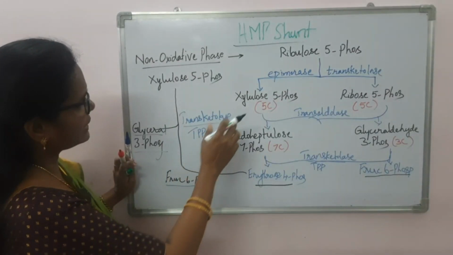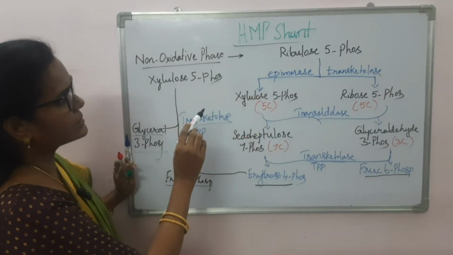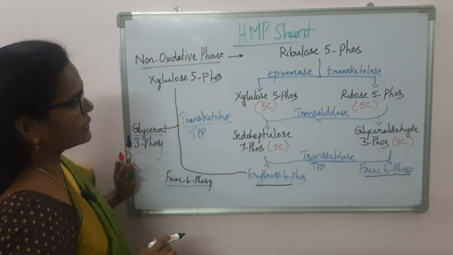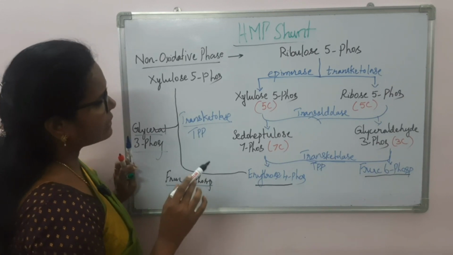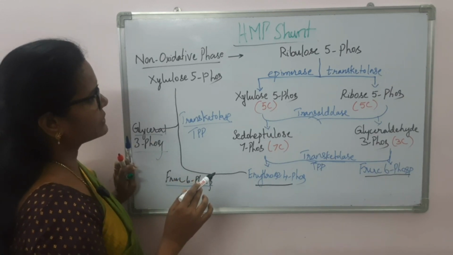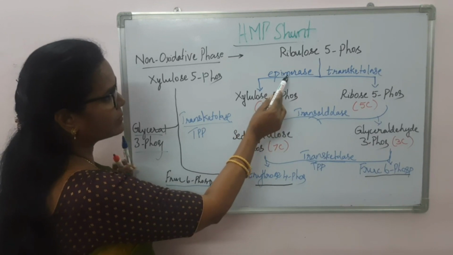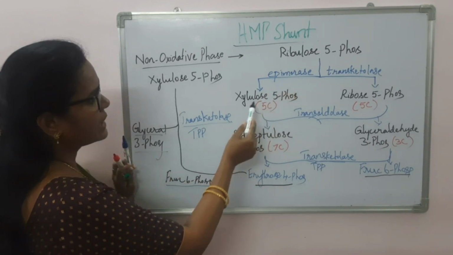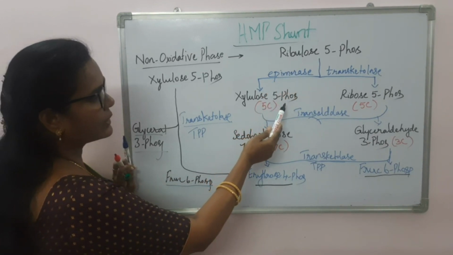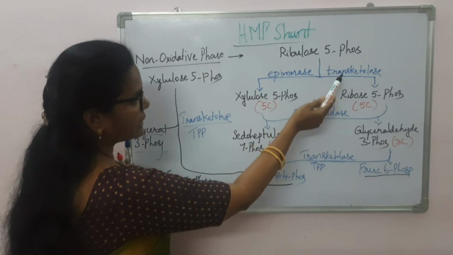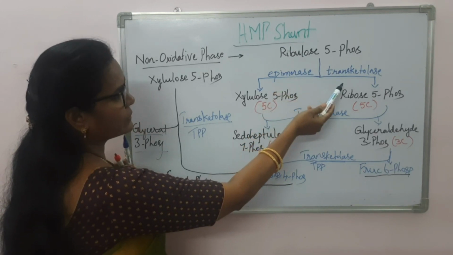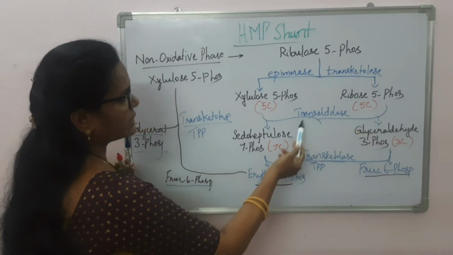Once again I will explain. So in oxidative phase we will get ribulose 5-phosphate, and upon this two enzymes can act. When epimerase acts on ribulose 5-phosphate, it is going to form xylulose 5-phosphate, and when transketolase acts on ribulose 5-phosphate, ribose 5-phosphate is formed.